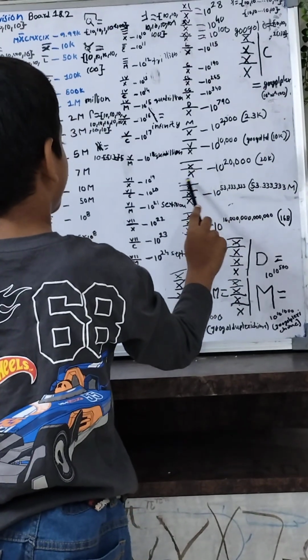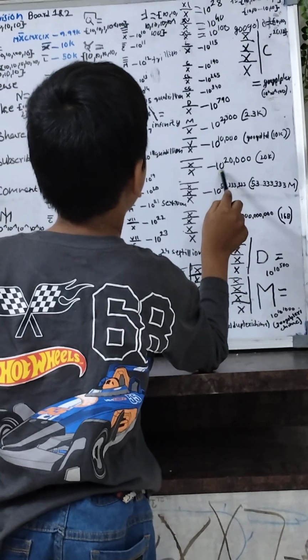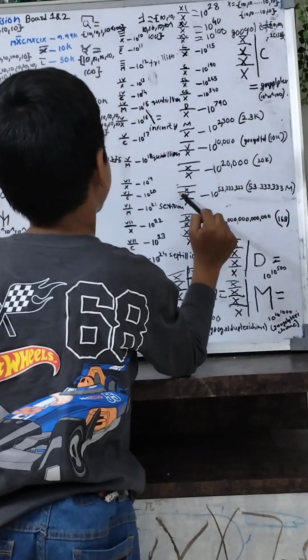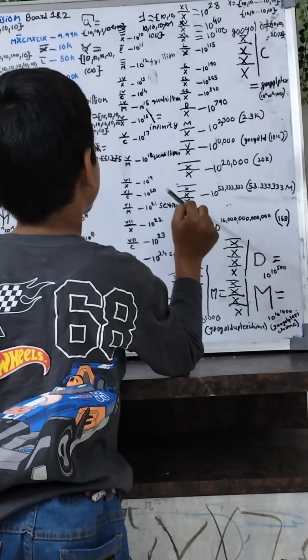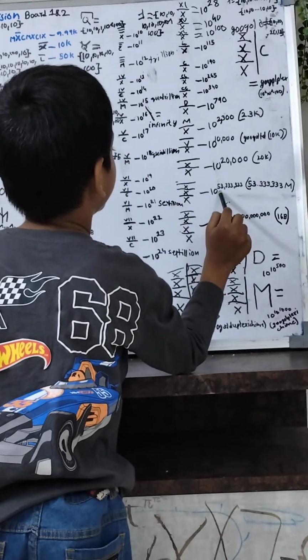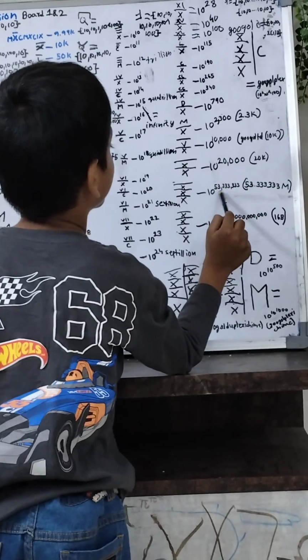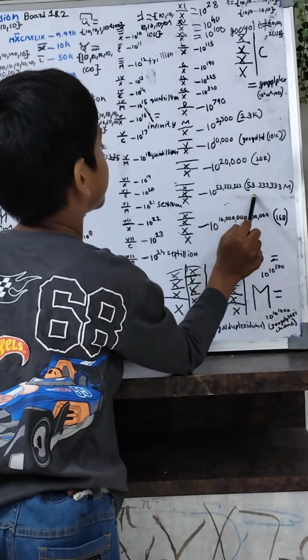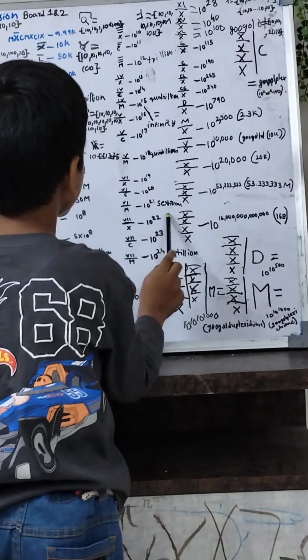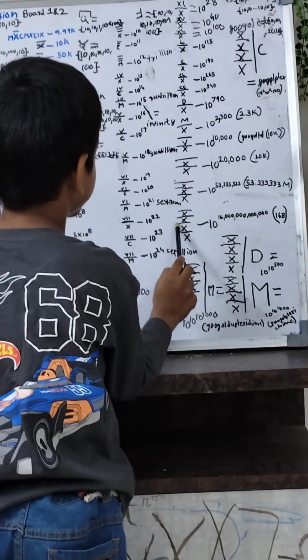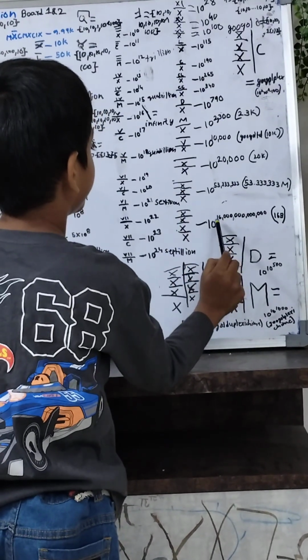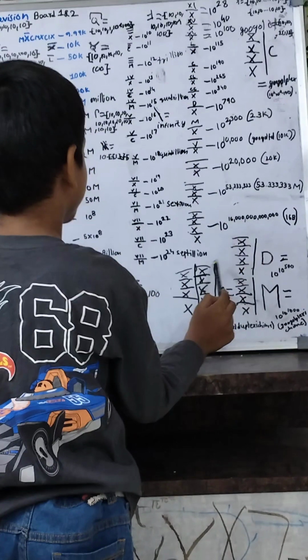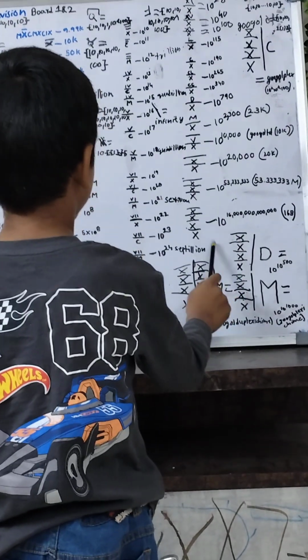X overline on top of X is 10 to the power of 20,000. X overline on top of X on top of X on top of X is 10 to the power of 16 billion.